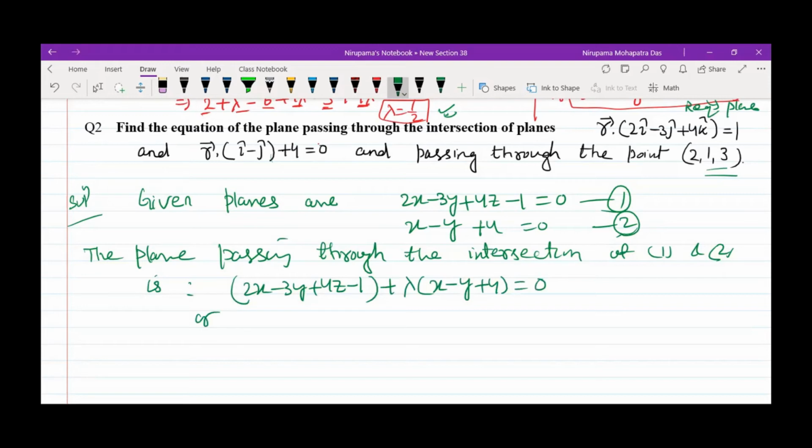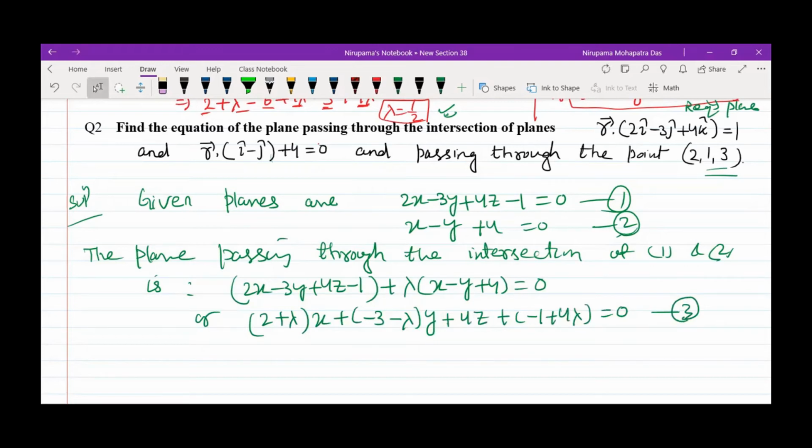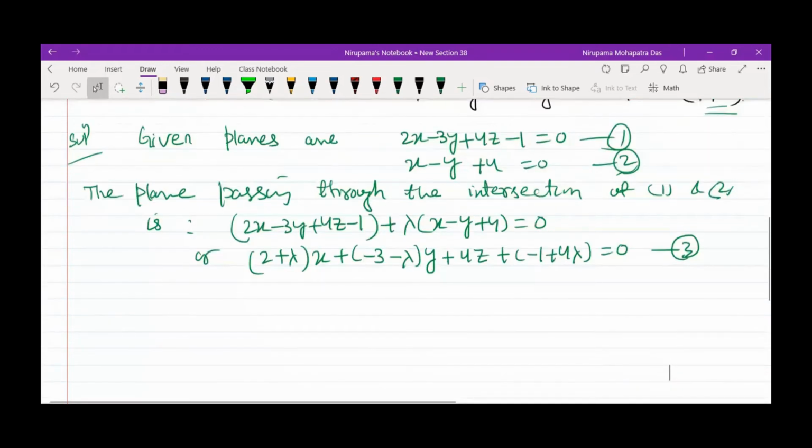Or you can write it as (2 plus lambda) into x plus (minus 3 minus lambda) into y plus 4z plus (minus 1 plus 4 lambda). This is your equation 3. Up to this step, all the questions of this type will be the same.